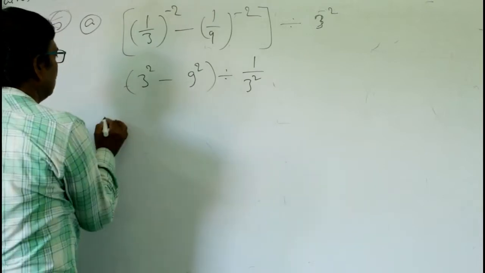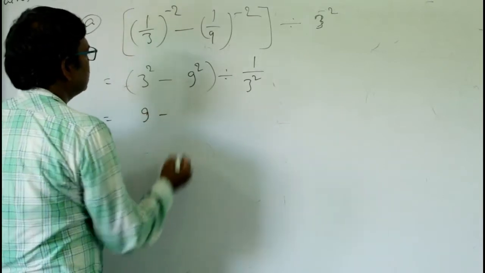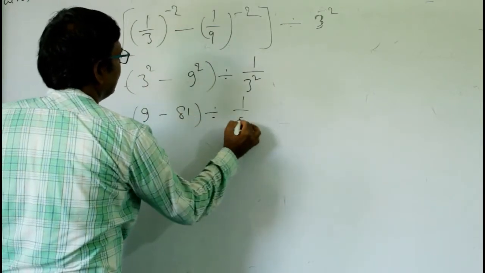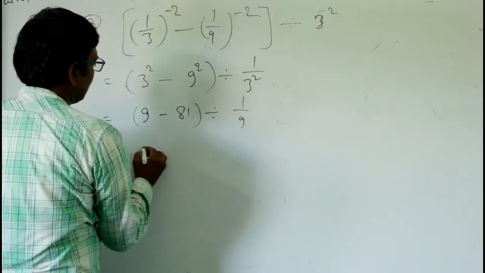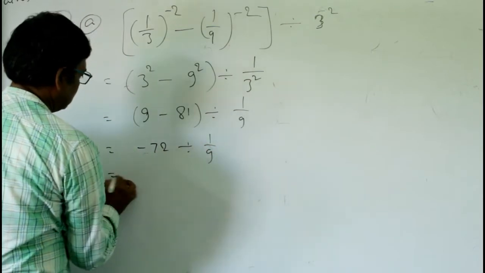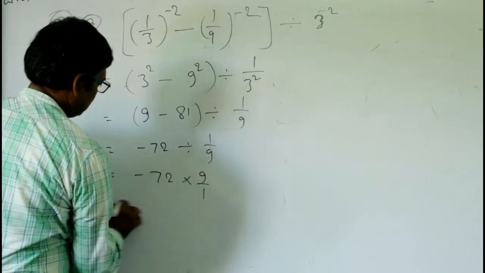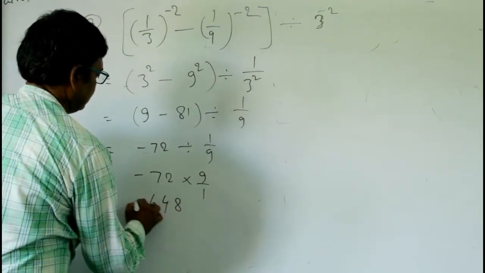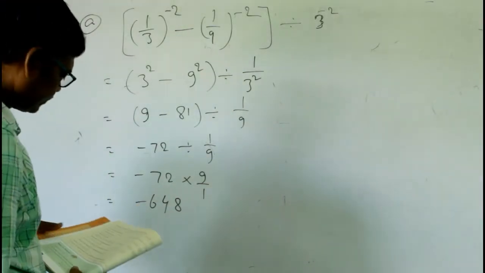Then 3 3s are 9, minus 9 9s are 81. So this will be 1/9, and 9 minus 81 will be minus 72 divided by 1/9, equal to minus 72 into 9/1. So this is the answer of this question.